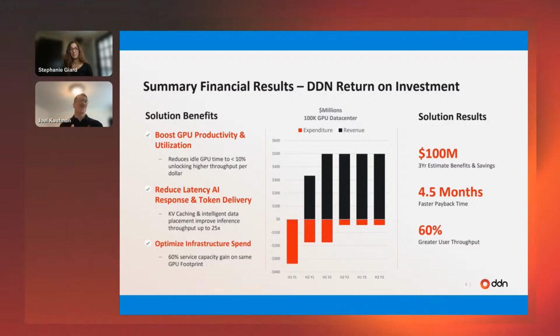The end result is that the overall user throughput dramatically went up. And so they saw 60% greater improvement in terms of the efficiency of using their infrastructure. And they realized pretty quickly that over 3 years, instead of having to expand the infrastructure dramatically in terms of that compute footprint, they can sink that fixed cost in on the storage and on the GPUs and see approximately $100 million in savings by not having to continue to expand more and more infrastructure to get the exact same results.